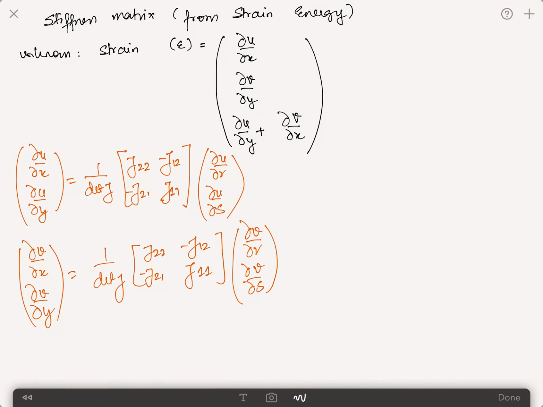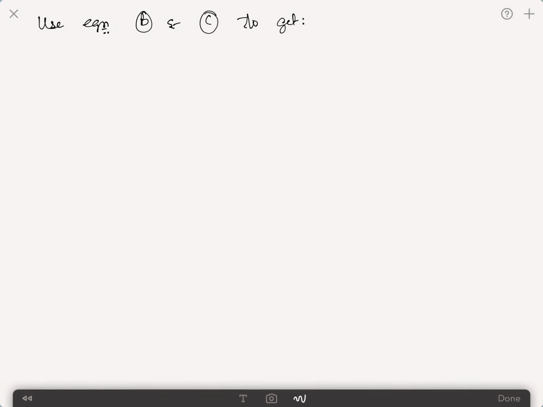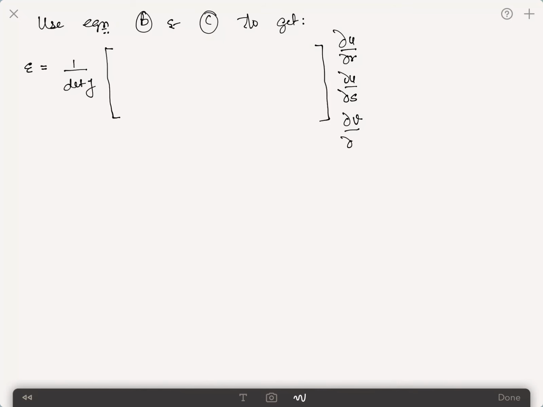I can name these equations B and C. So I'm going to use equations B and C to get epsilon equal to 1 by determinant of j with this entire matrix. We will decide how big it has to be in terms of dou u dou r, dou u dou s, dou v dou r, and dou v dou s.